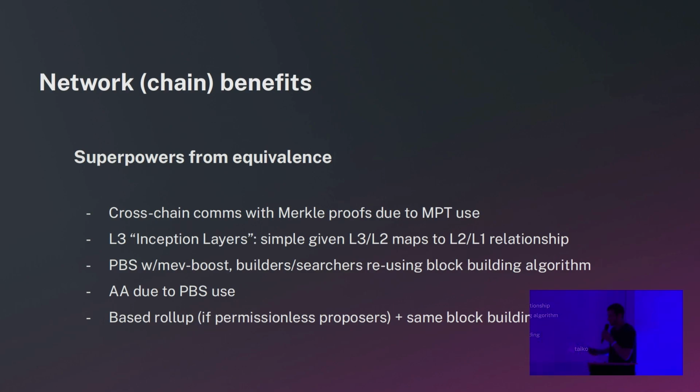At Taiko, we call the sequencers proposers, but if it's permissionless and it's the same execution environment and there's PBS, then builders and searchers could craft L2 blocks, include them in their L1 bundles, if the MEV is worth the squeeze for them, and give that to the L1 validators to include in the L1 block.